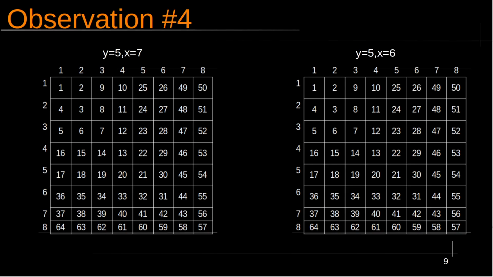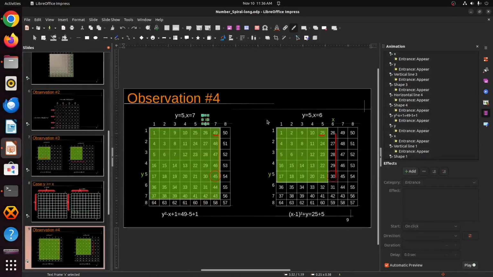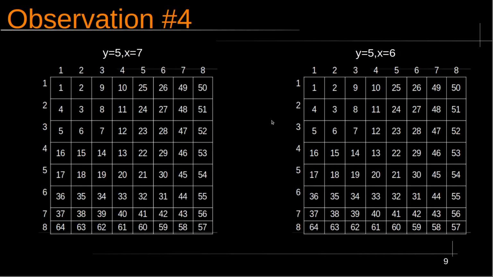Observation 4. So if we take now y is less than x, we have x is equal to 7 here, not 6, to correct this. Okay, y is equal to 5 and x is equal to 7.